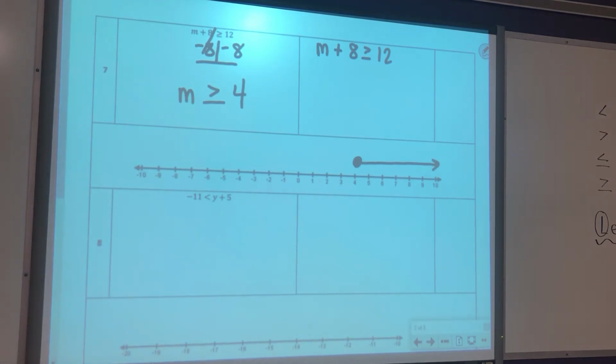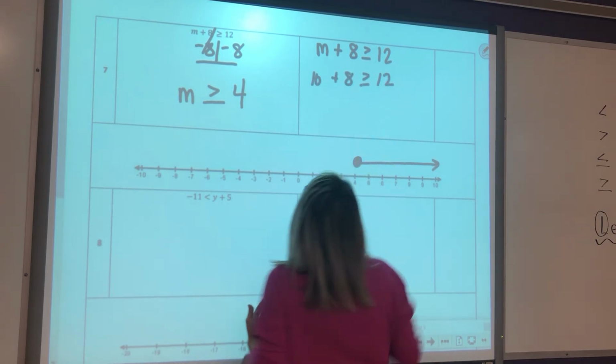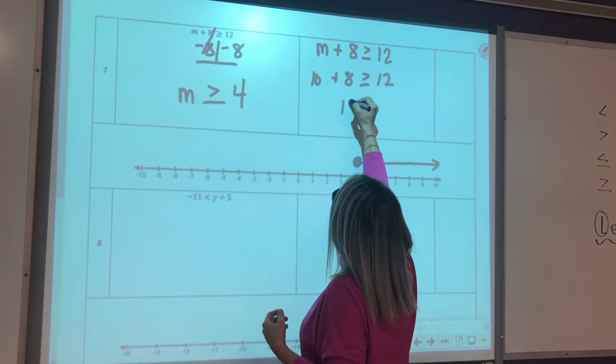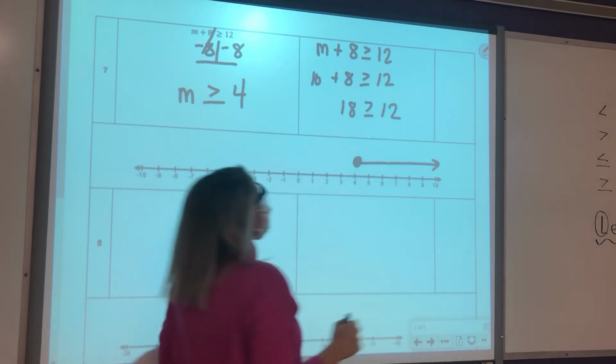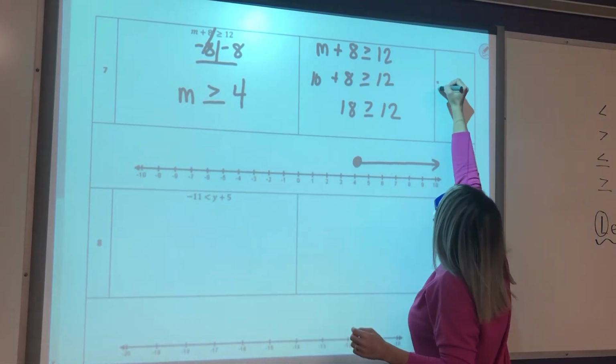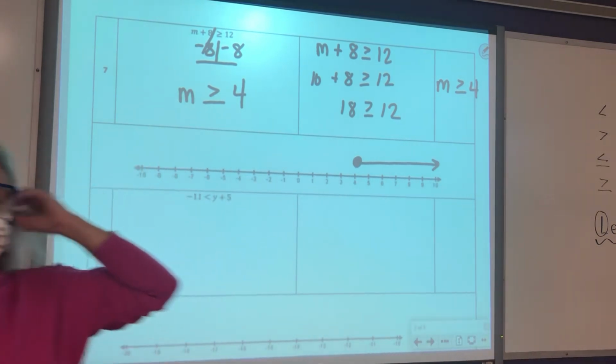What value did you use? 7, 5, 5, 4, 9, 6. When you plugged that value in, did you get a true statement? Yes. Okay. Is mine going to work? Yes. True statement? Yes. So my solution is m is greater than or equal to 4.